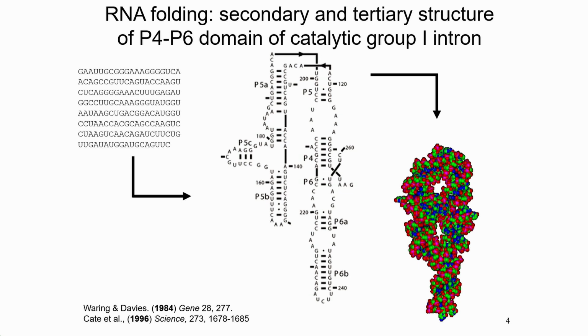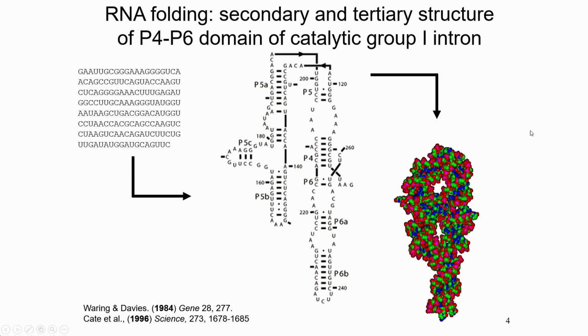This RNA is one of the first catalytic RNAs ever discovered, in the 1980s, and the discovery was awarded a Nobel Prize, around 1989.